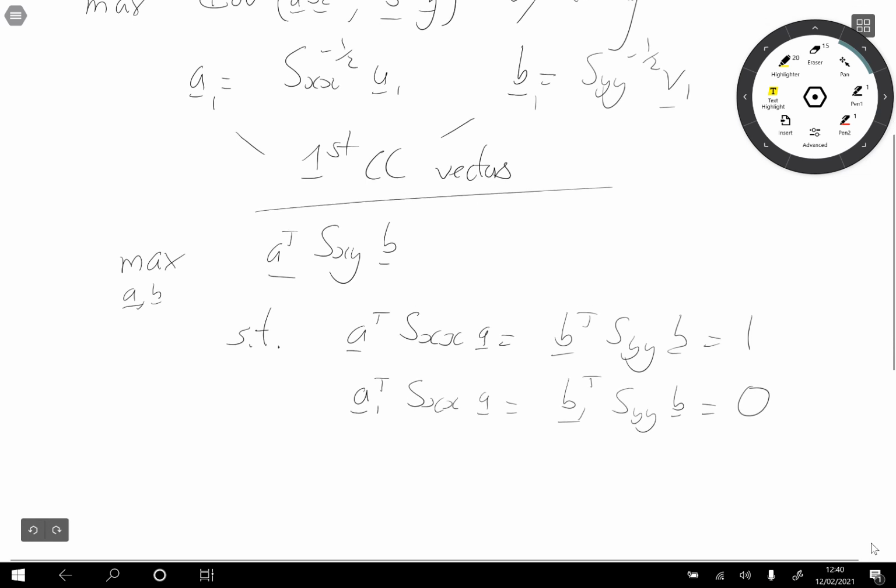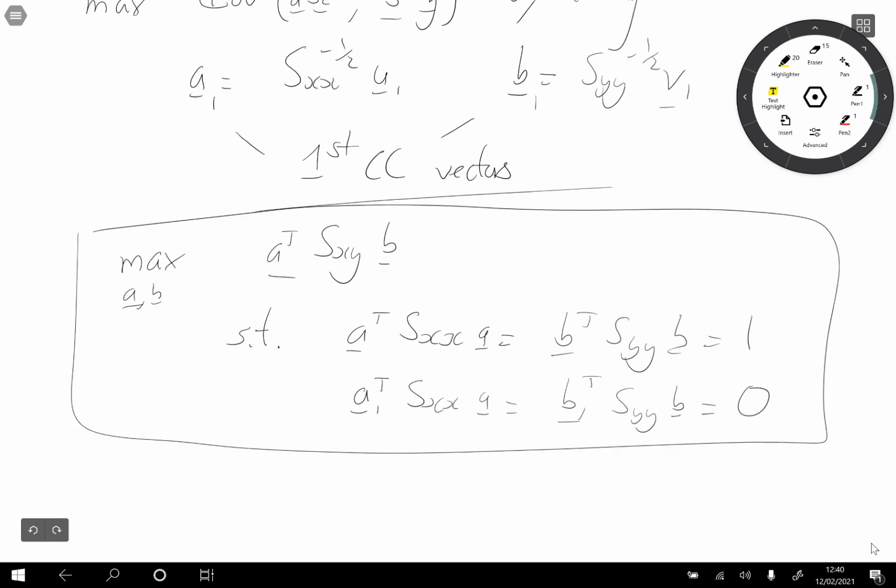Okay, so it's the same problem as we had before, but we've got the additional constraint that the next pair of variables has to be not quite orthogonal, but it's like the orthogonality constraint we had in PCA, but we've inserted this covariance matrix in the middle. So let's think about why that is useful.